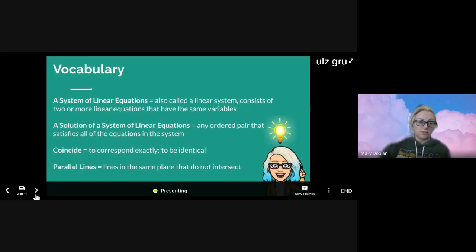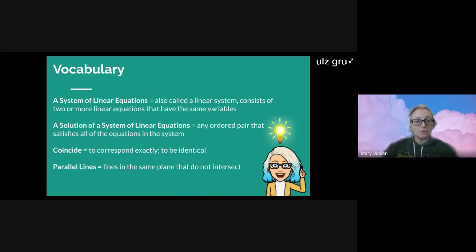All right, so some vocabulary so we know what we're talking about. When we talk about a system of linear equations, sometimes that's just referred to as a linear system, or I might just even say system, okay? But I'm talking about a system of linear equations. We have 2 or more linear equations with the same variables.